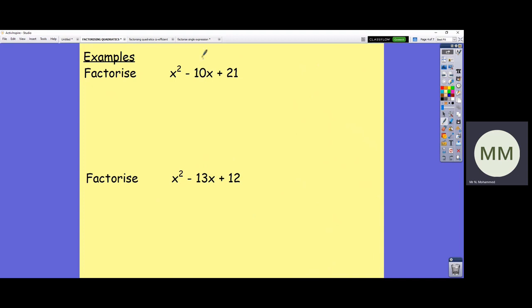These are slightly different because the number that they need to multiply to is a positive and the number that they need to add to is a negative. So they times to give me 21 and they add to give me minus 10. What are my factors?